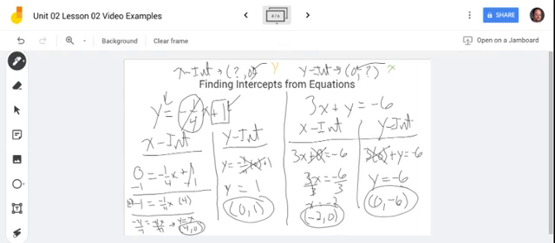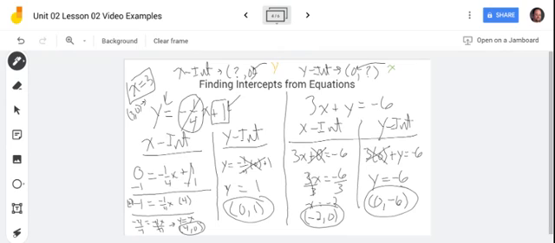Now remember that we said that there are special cases, and we talked about this a little bit earlier. If you have just an x, if you have x equals 3, in this case, that is the x-intercept, 3, 0.